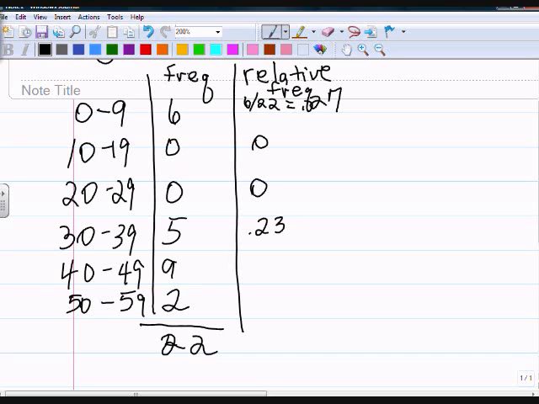Then 0.41, and 2 out of 22. How come that doesn't seem to be even close to 100%? What is that, 102?